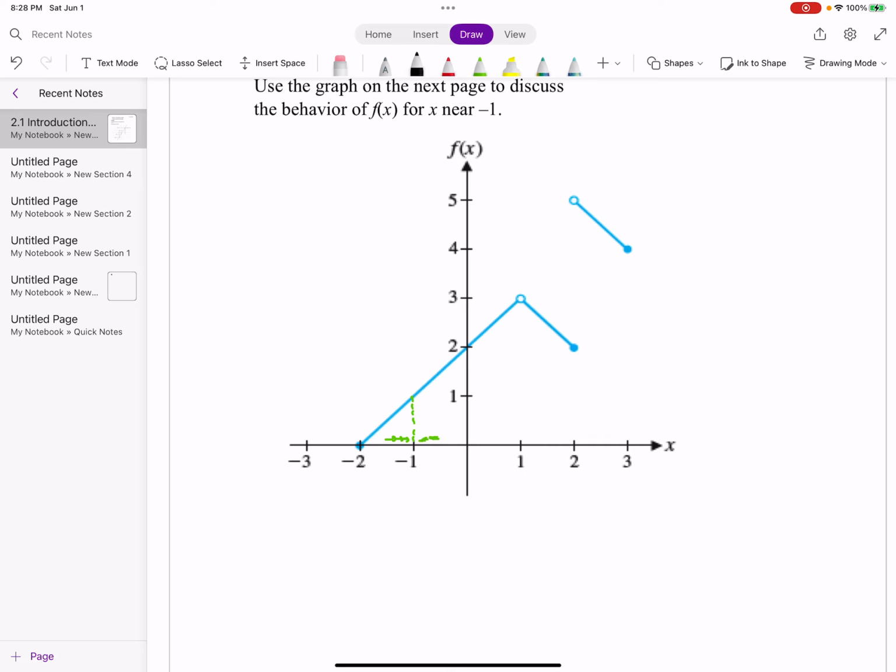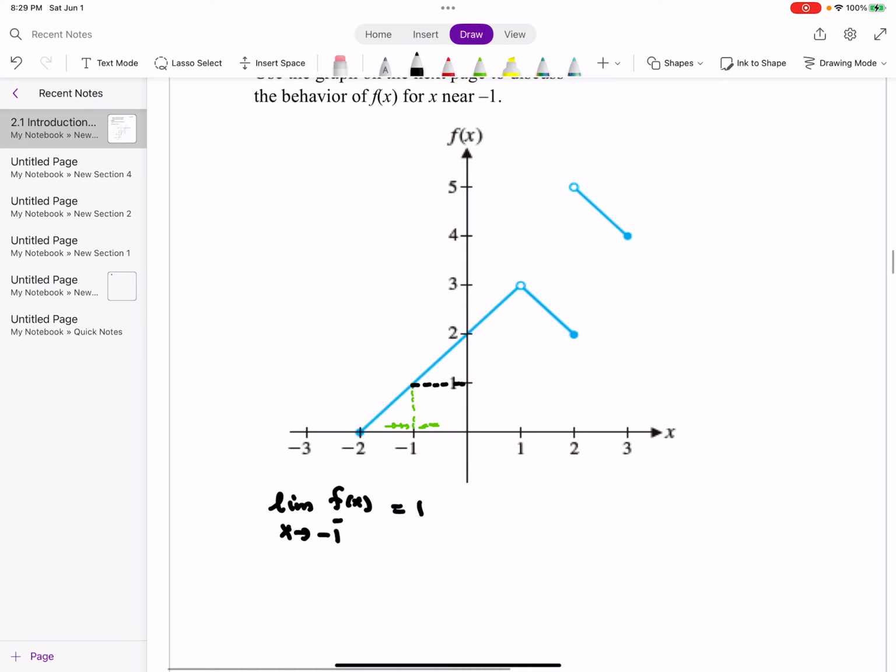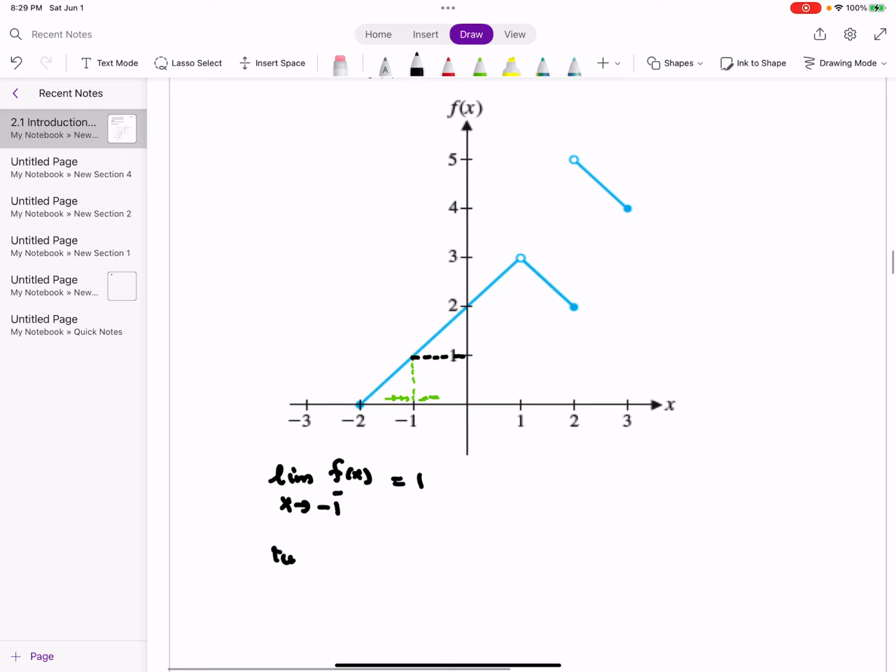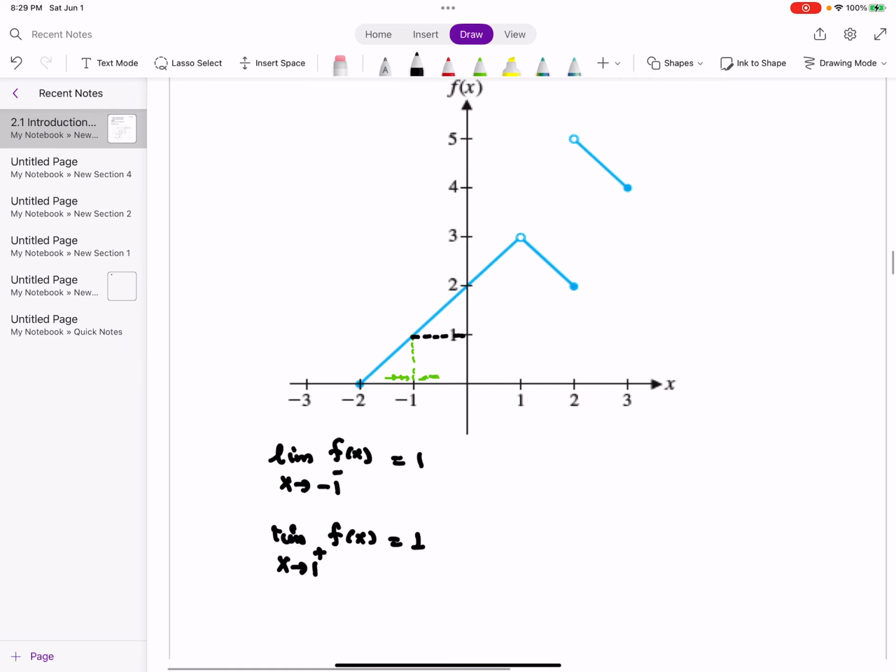Now, when you look at limit of x approaches -1 from the left side of f of x, you can read from the graph, it is 1. Limit of x approaches -1 from the right side of f of x, it is the same, it is 1.